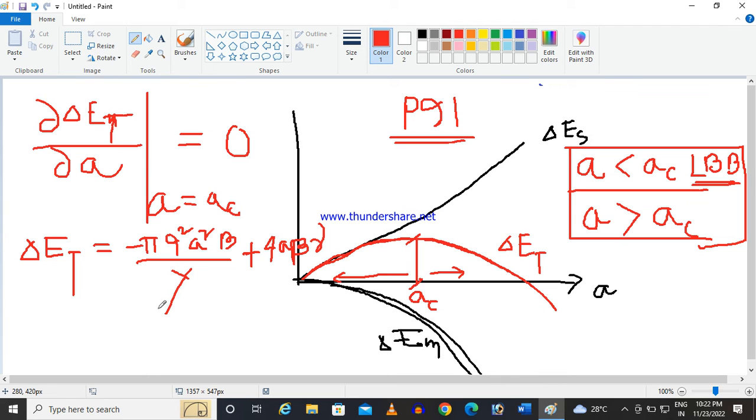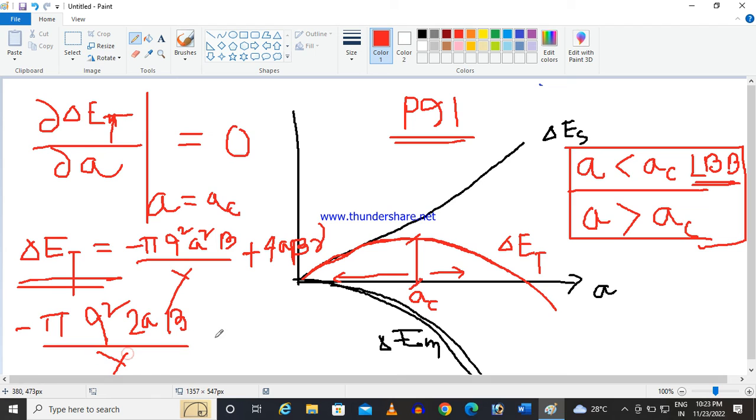Now if you differentiate this ET with respect to A, the other things are constant, so it will come minus pi sigma square 2A B by Young modulus plus 4 B gamma, that is equal to 0.